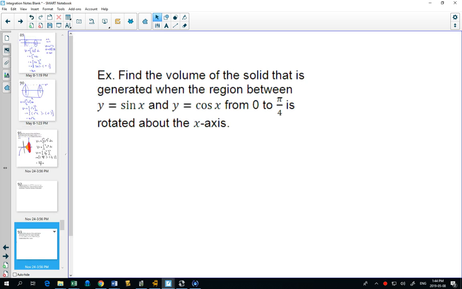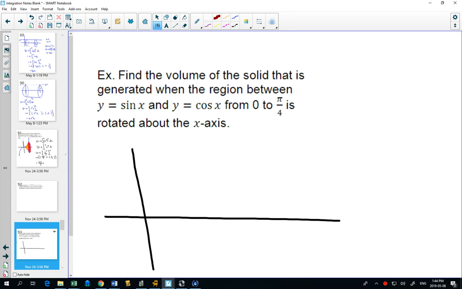All right, let's do this one together, because now we're going to find a volume with a region in between two different functions. From 0 to pi over 4, and we're going to graph sine of x and cos of x.